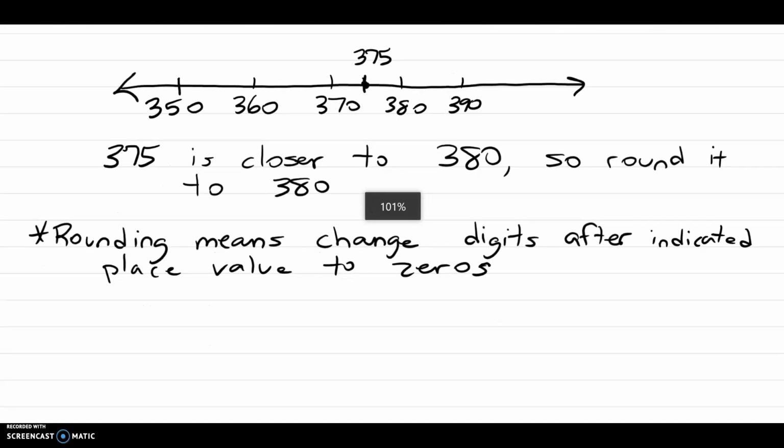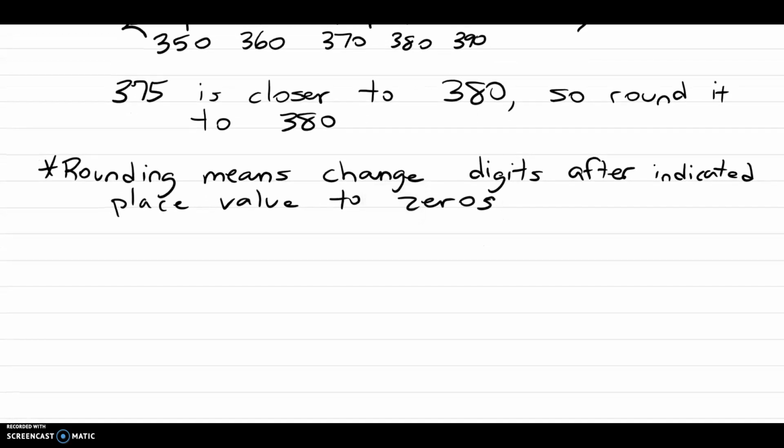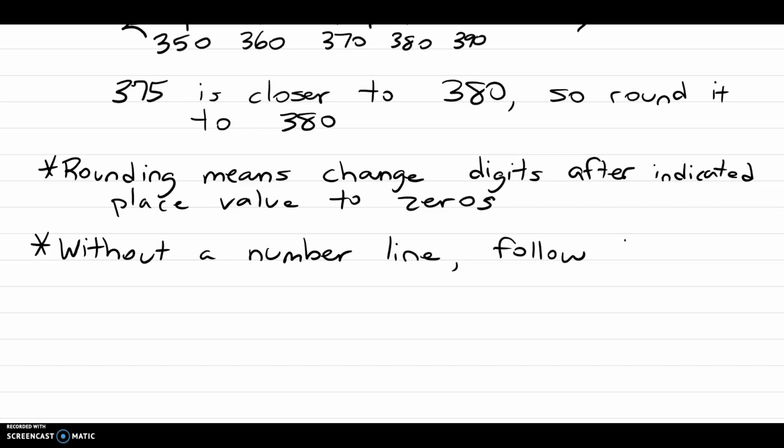So without a number line, there's some rules you can follow. You can always draw a number line, which is fine. Without a number line, follow these rules. First thing you need to do is determine the indicated place value.